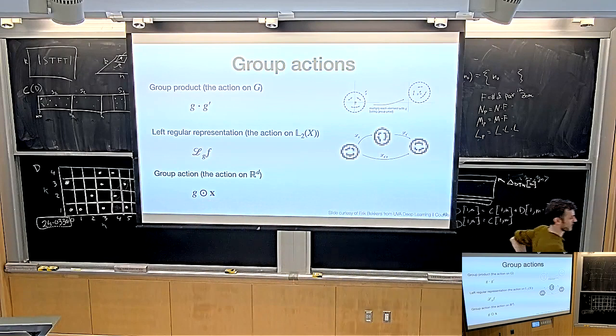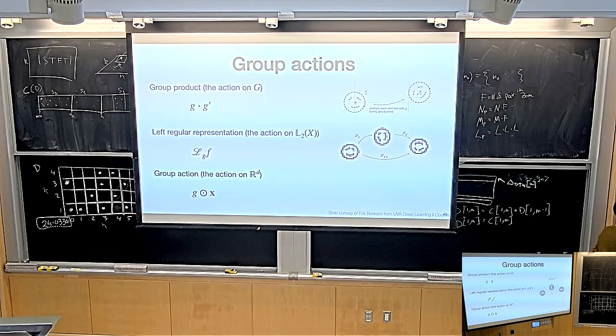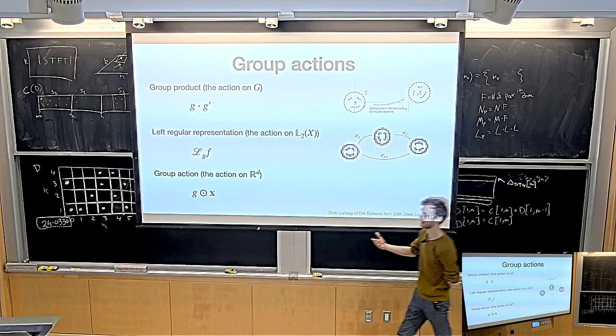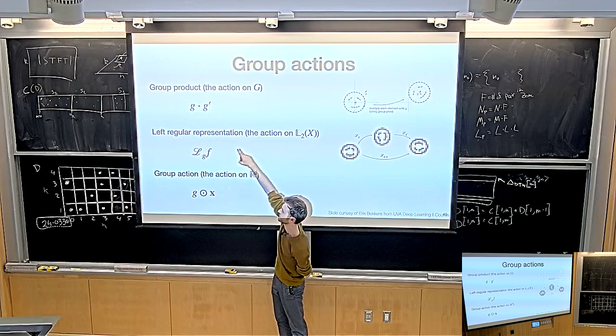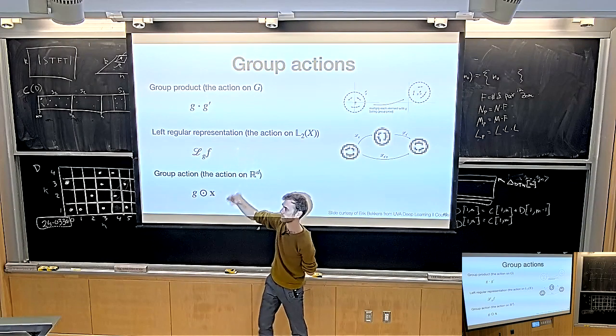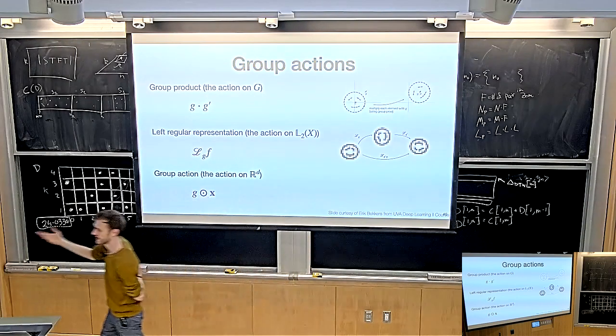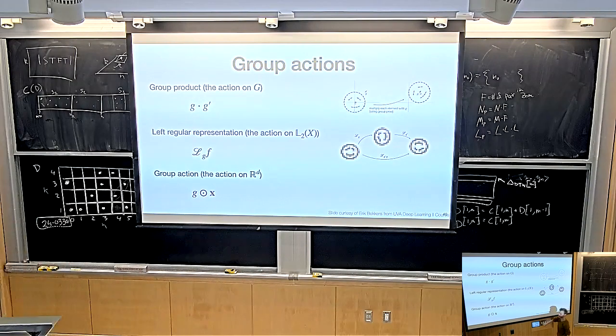For rotation matrices, the group rotates vectors, so these two are different. In the case of translations, these two are the same, because the group elements themselves are 2D vectors. But in the case of rotation matrices, the group element is not a 2D vector.